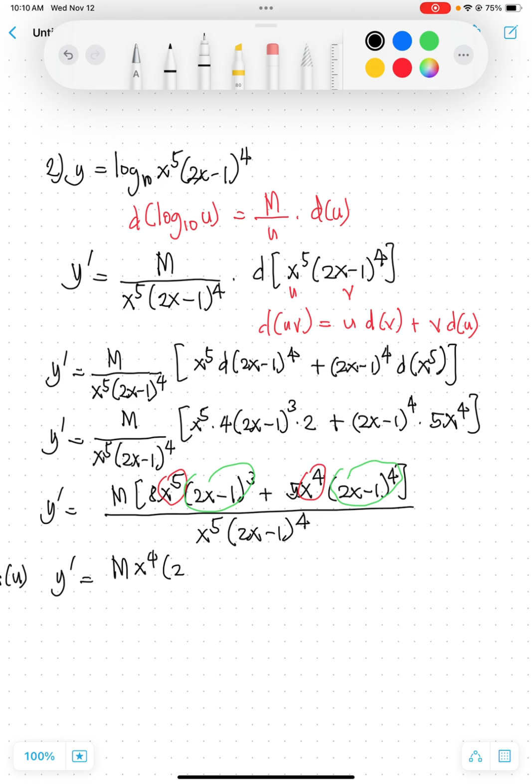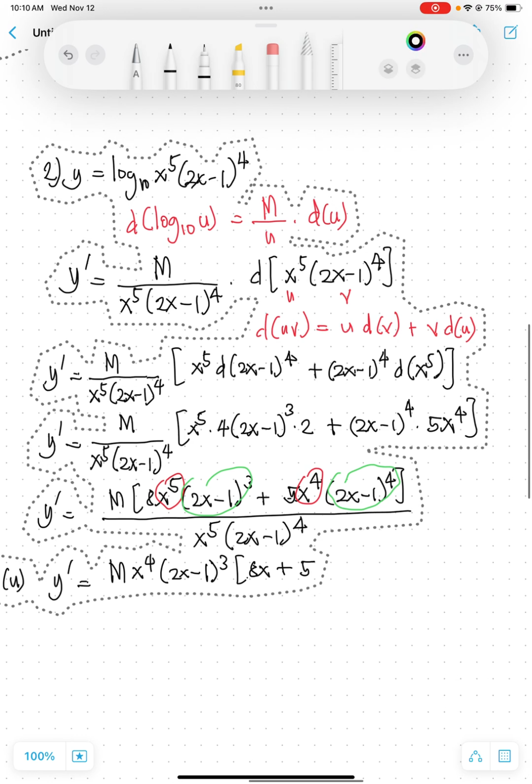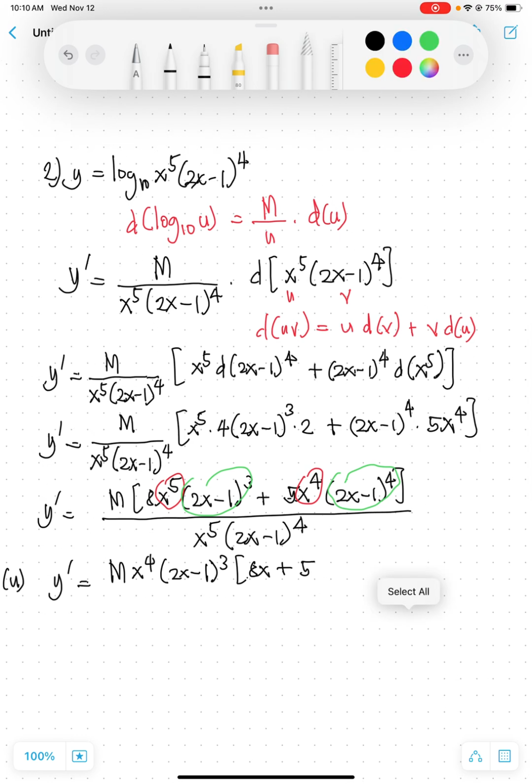So what is left, we have 8. So from x raised to 5, we factored out x raised to 4, so x is left. And then plus 5, the 5 is left. And then from 2x minus 1 raised to 4, we factored out 2x minus 1 raised to 3, so one 2x minus 1 is left.